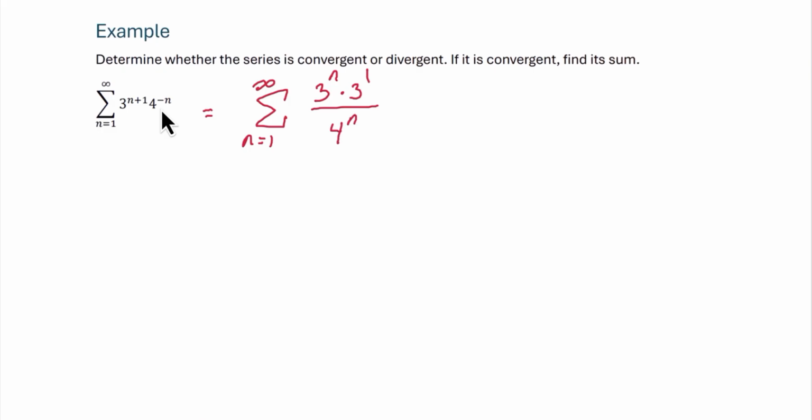From here you may see it. We can pull the 3 out front, just 3 to the first. We have the sum, n equals 1 to infinity. And we have 3 to the n divided by 4 to the n. We can think of that as 3/4 raised to the n. At this point, you may recognize that this is a geometric series, but I like to fix that exponent, just personal preference.